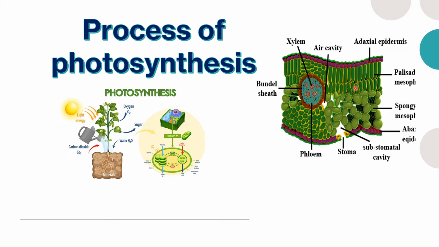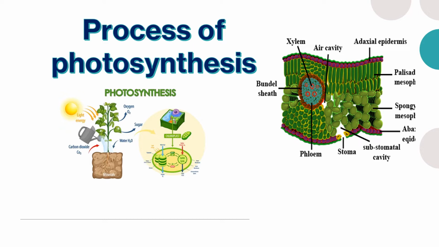What is the speciality of these mesophyll cells? This consists of numerous number of chloroplasts. Then these chloroplasts contain a vital plant pigment. It's called chlorophyll. Chlorophyll is very essential for the process of photosynthesis.